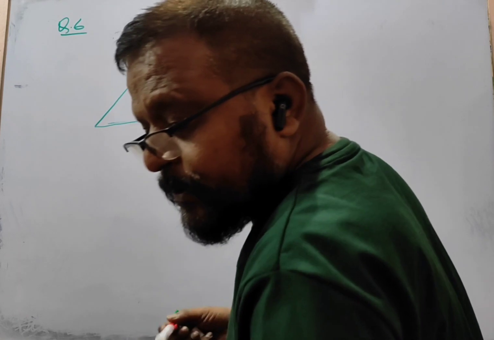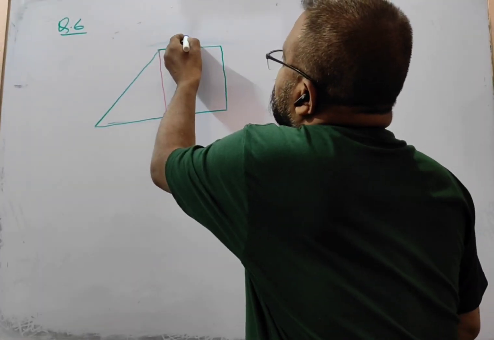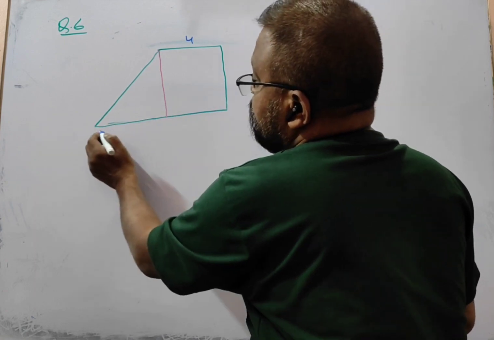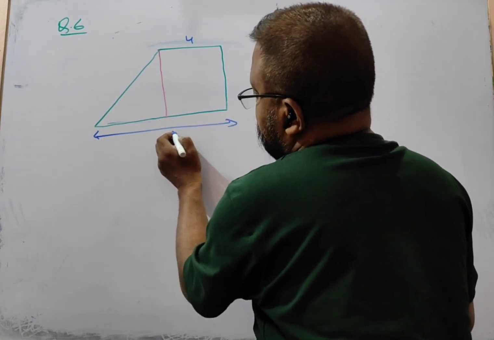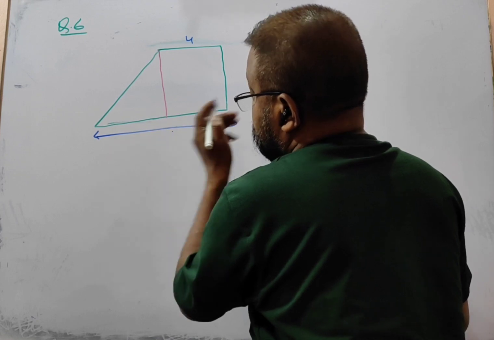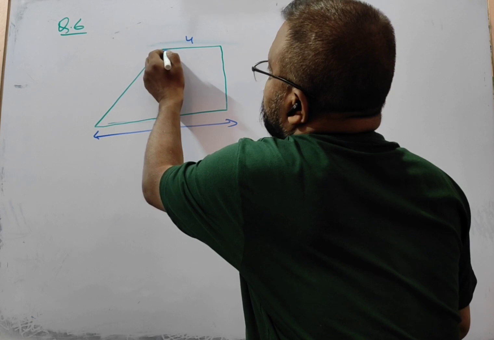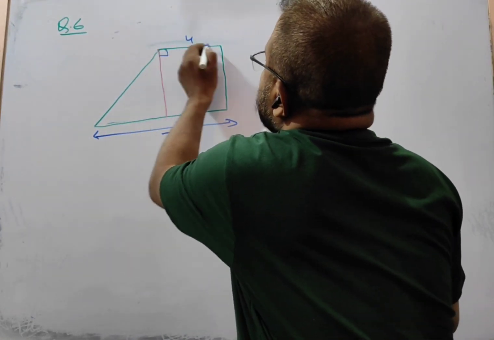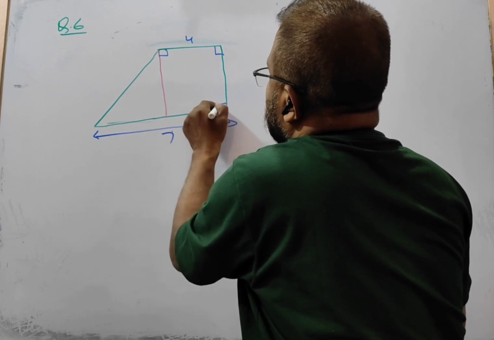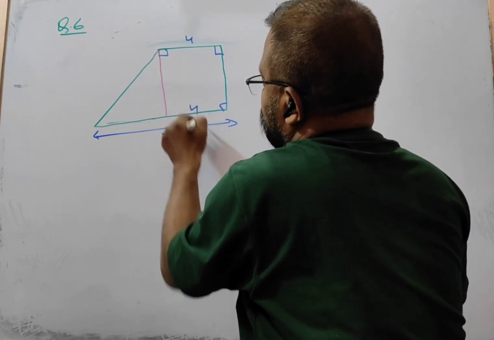So it is given to us, this is of 4, this is total of 7. All these angles are of 90 degrees. So it is a rectangle. So if this is 4, this will also be 4, right?